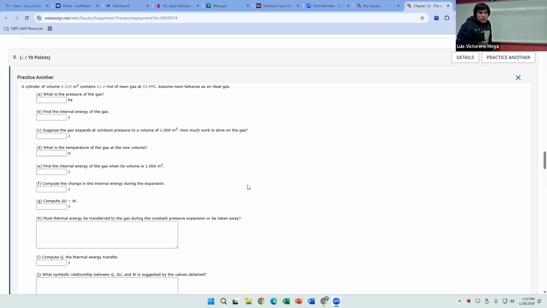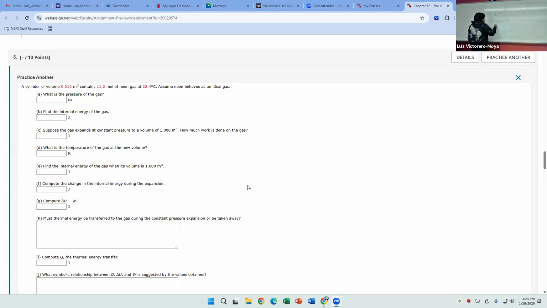You have the initial temperature as 22.4 Celsius, so we have to change that to Kelvins, and a volume of 0.310 meter cube. So there's a whole bunch of questions there, right? What's the pressure in pascals and all that?